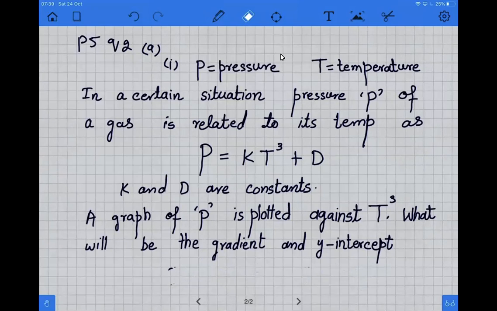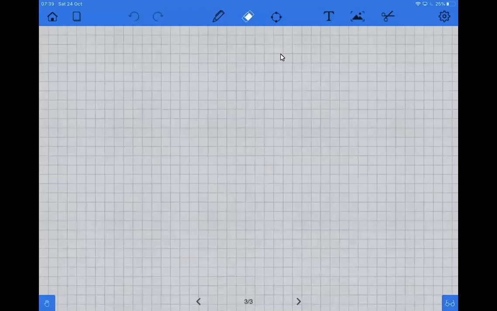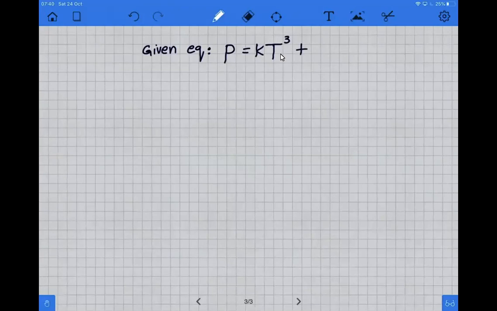For example, our given equation was P is equal to K times T cube plus D.